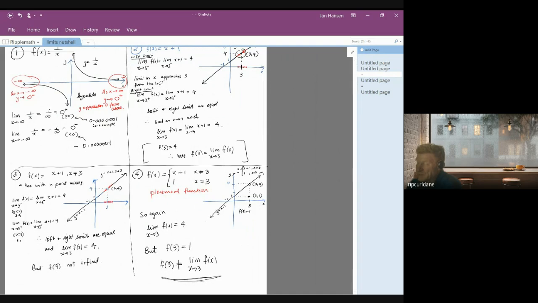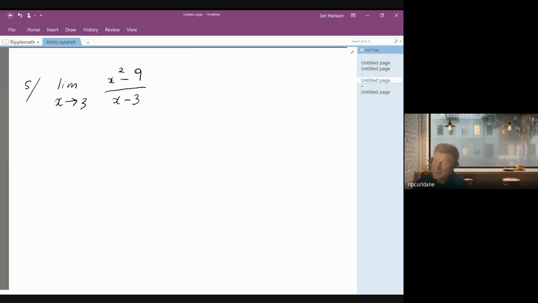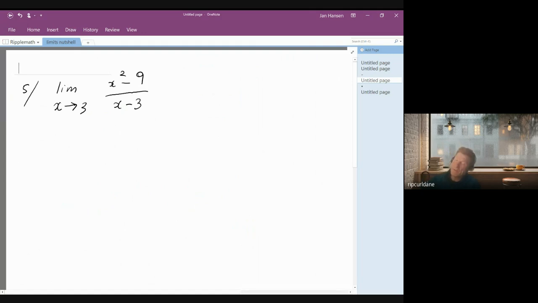Let's have a look at this next one here. With this one, if you substitute x equal to 3, you try x equal to 3 to see if it works, and you end up with 3 squared minus 9 over 3 minus 3, which is 0 over 0. It doesn't exist. So it may be that the limit doesn't actually exist.